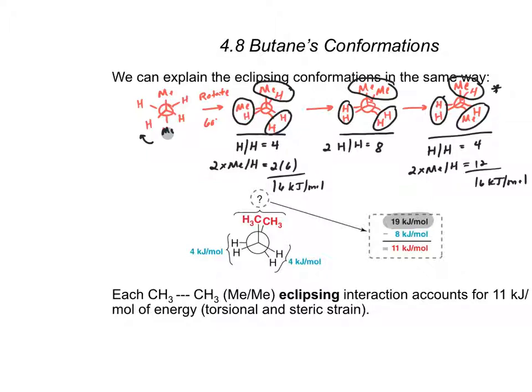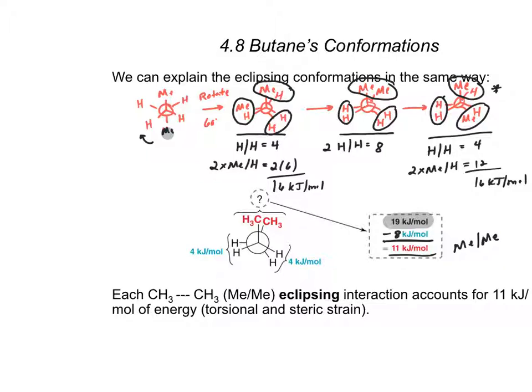With the total energy of this entire eclipsing conformation, can we predict how much energy that methyl-methyl costs? Yes, right? So if we take 19 and subtract the 8 from the 2 hydrogen-hydrogens, we get 11 kilojoules per mole for a methyl-methyl eclipse. So this is a methyl-methyl eclipse. Compared to the hydrogen-methyl and the hydrogen-hydrogen, this increases dramatically in terms of energy, okay?